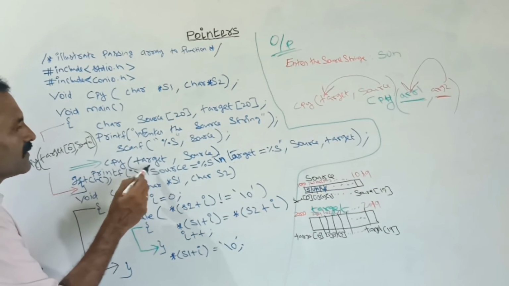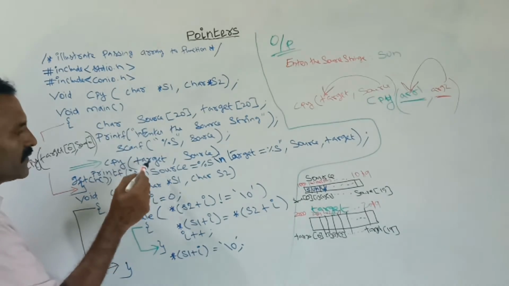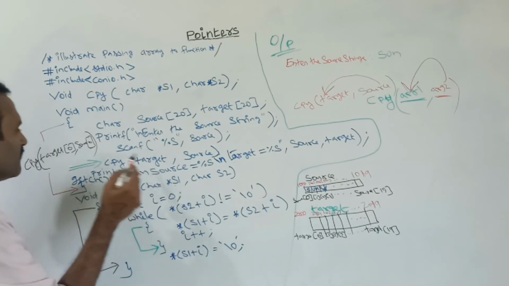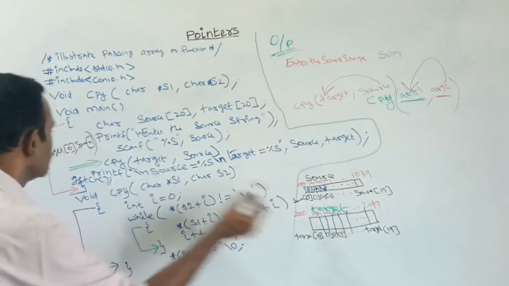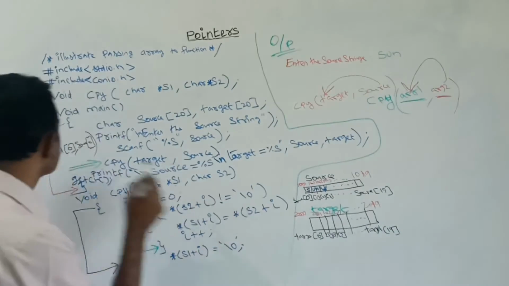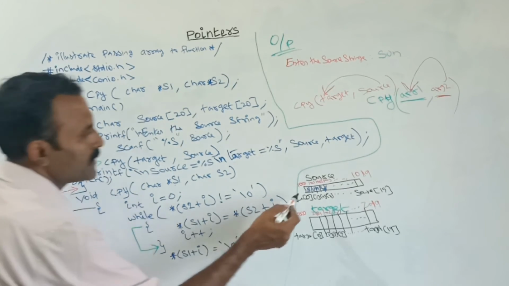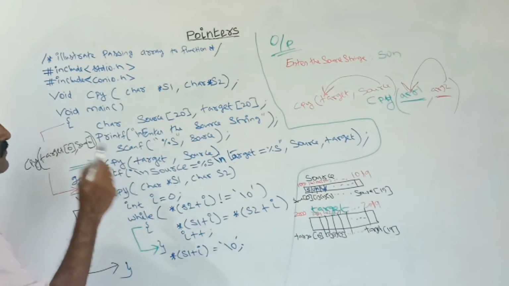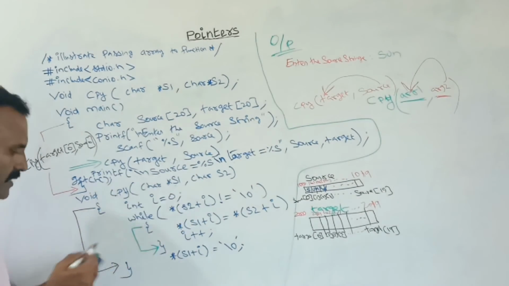If you give the variable name, then the starting address will be stored to S1. We can give it like this, or we can give it like this also. Here I am mentioning the starting position, the base position, that is the 0th address. Target of 0 means the 0th address of target, which is 2000. So this 2000 is stored to S1. Next, source of 0th position, whose address is 1000. So this 1000 is passed to S2, that is string 2. This is also a pointer variable.